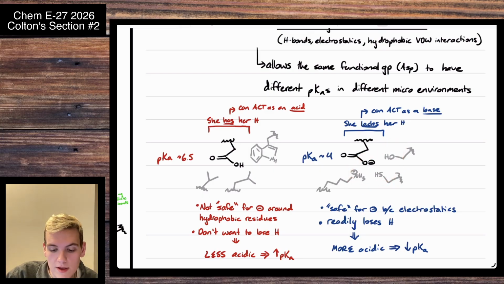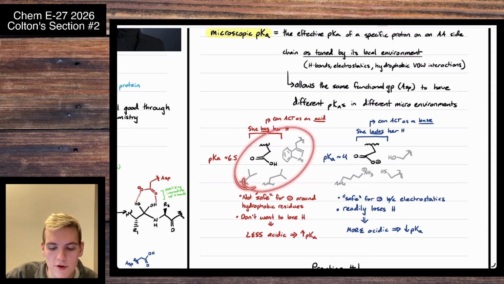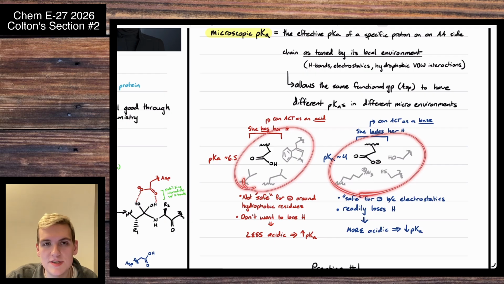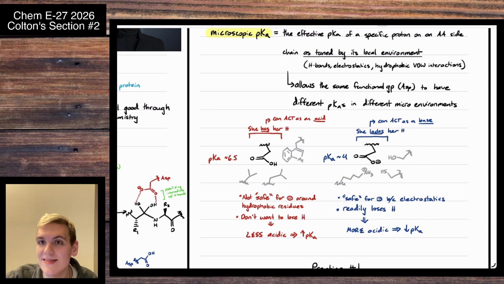And so this molecule can readily give up its hydrogen and go from the carboxylic acid form to the carboxylate form. If it can give up its hydrogen easily, it's more acidic, we have a lower pKa. So that's the reasoning behind this. The microenvironment around our residues can fine-tune that pKa and allow us to have bases and acids in the same enzyme or in the same active site.